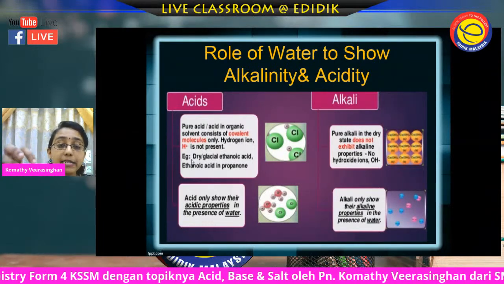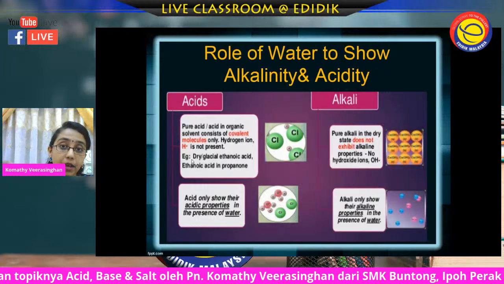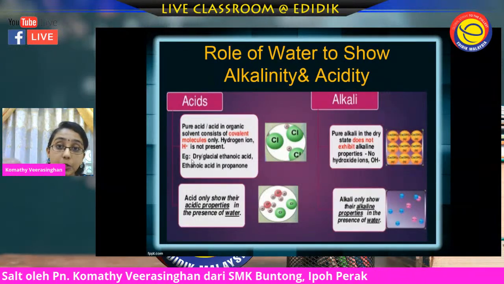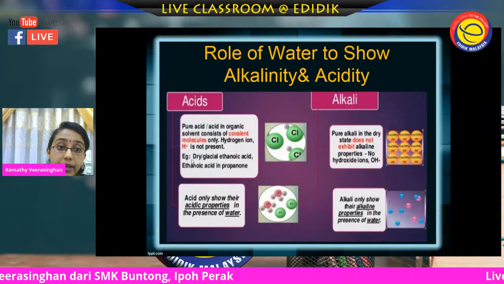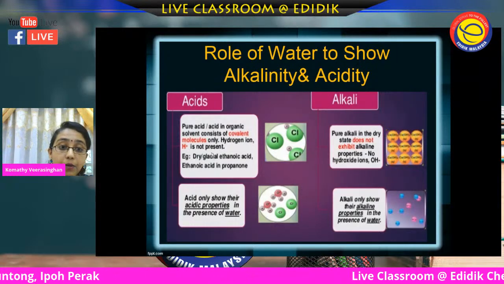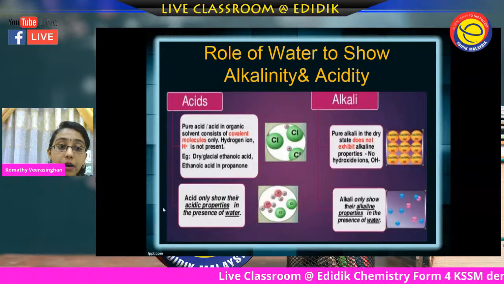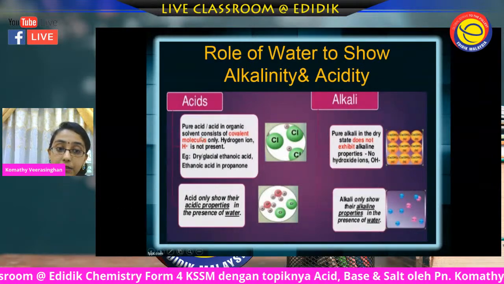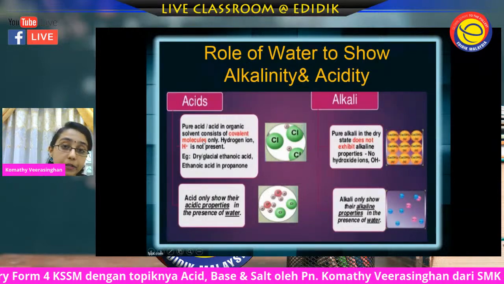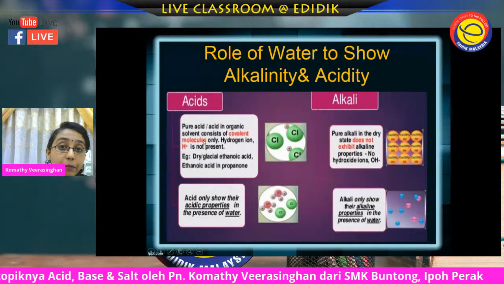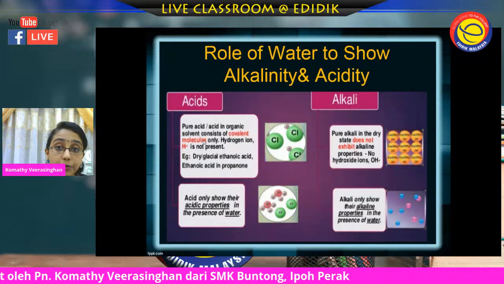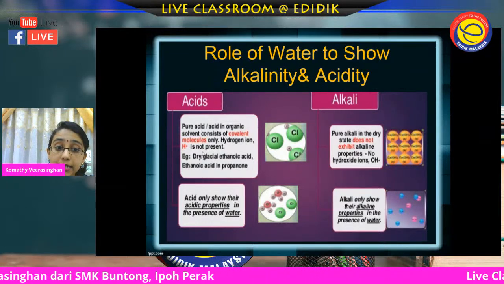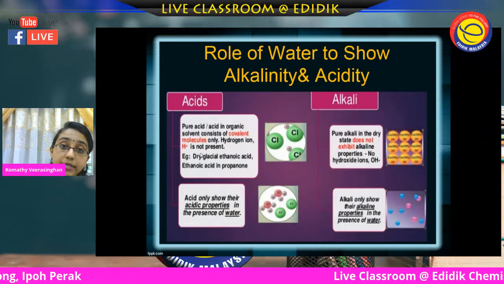Glacial means it's a pure acid. When the acid is pure, there's no water in it. Hence, this acid will exist in the form of molecules only. When they are in the form of molecules only, there are no hydrogen ions there, thus they are unable to show their acidic properties.